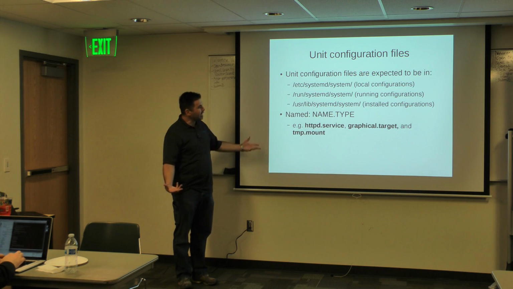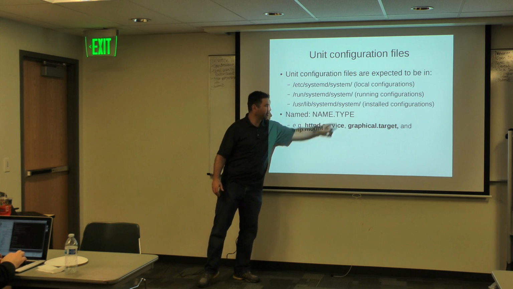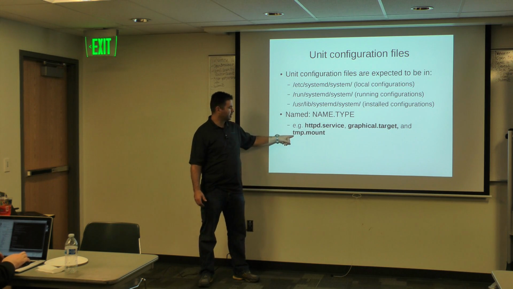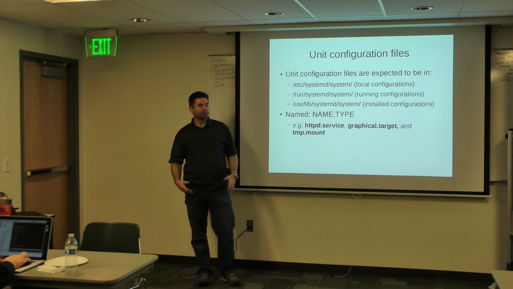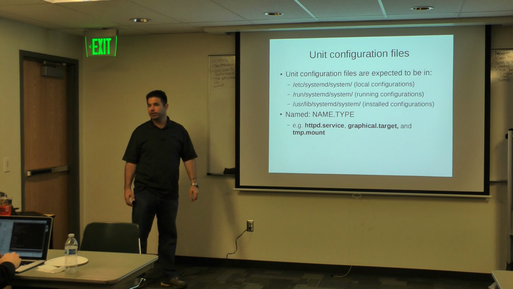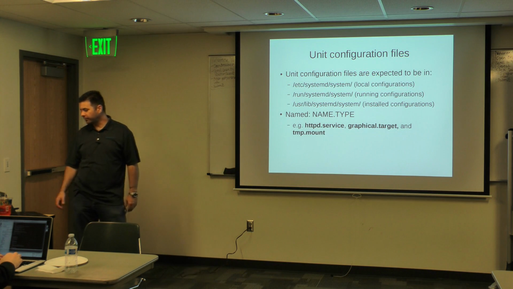So the name of these is simply the name of the unit followed by the type. So we have like an httpd.service, graphical.target, tmp.mount. If you look in /usr/lib/systemd/system on a systemd system, you'll see lots and lots of those types of files.